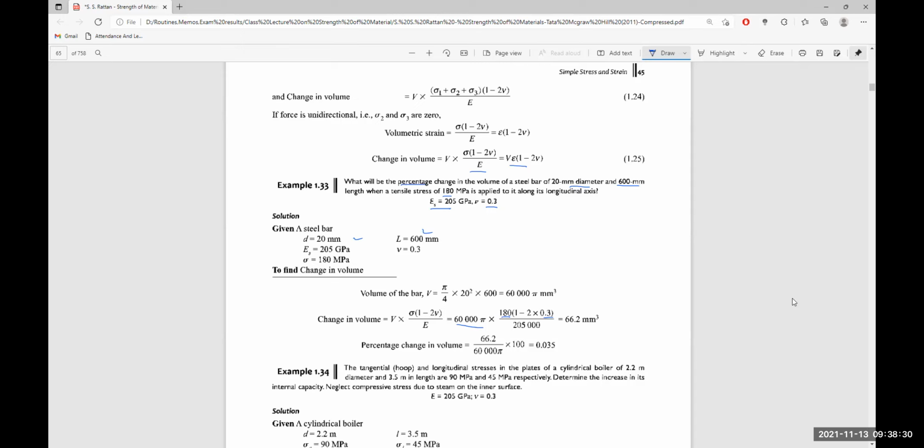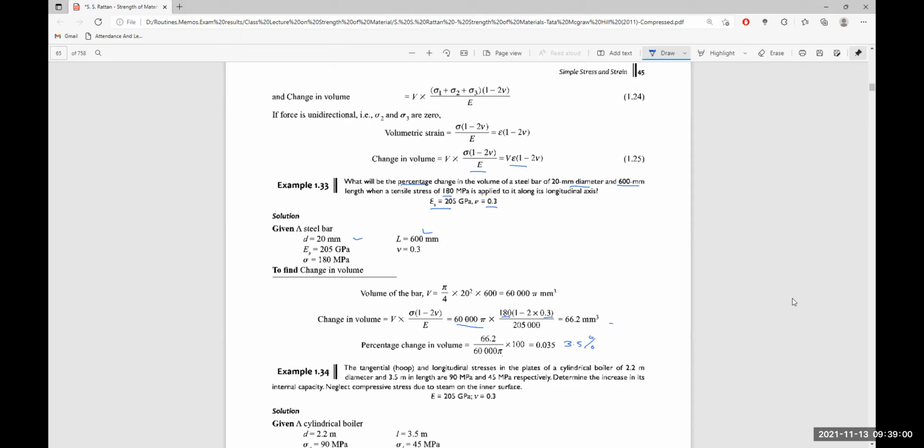It should be converted to megapascal, so we multiply it by 1000 or 10 to the power 3, and after simplification we get the change in volume equal to 66.2 millimeter cube. So the percentage change in volume will be the change in volume divided by the original volume multiplied by 100, which is equal to 0.035 or 3.5%.